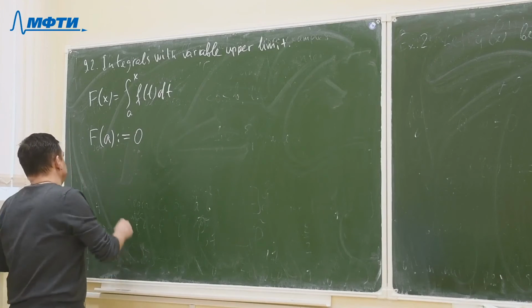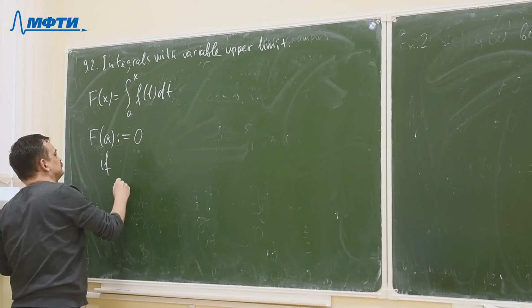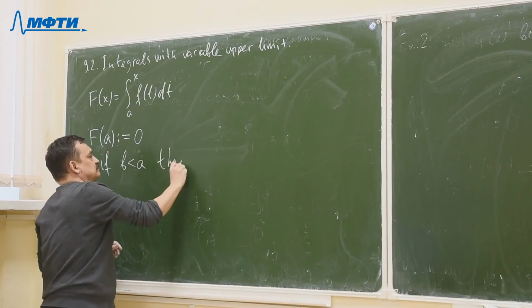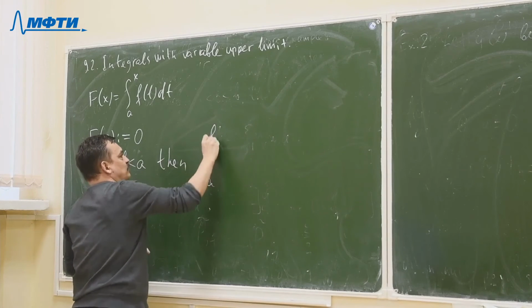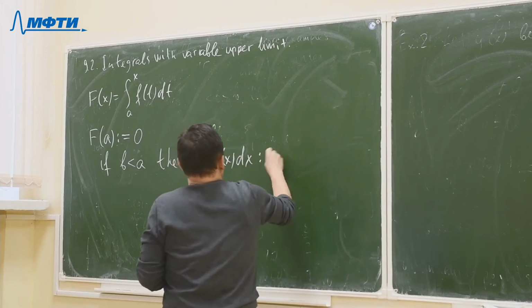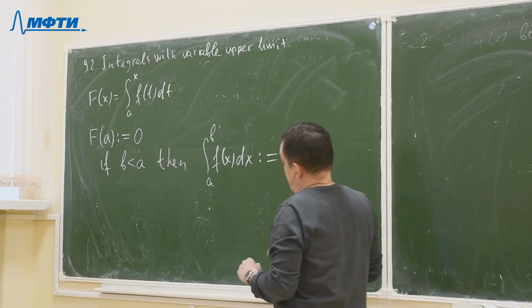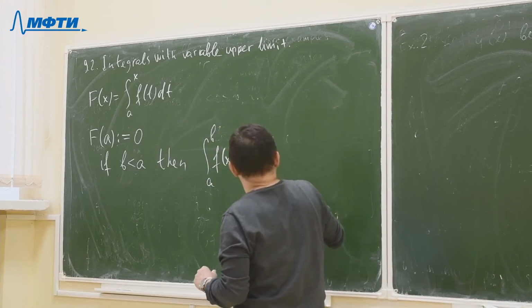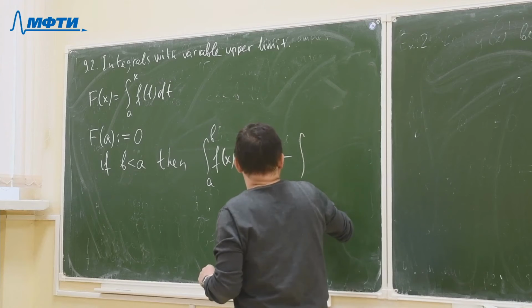And also, if b is less than a, then the integral from a to b of f of x dx, let it exist, we define by definition like this.